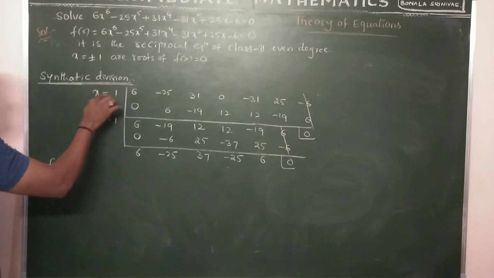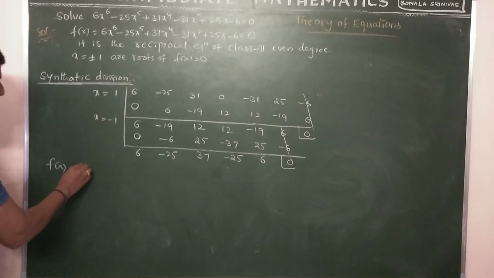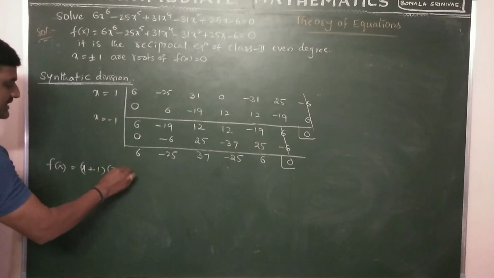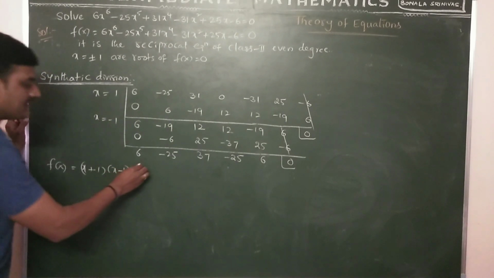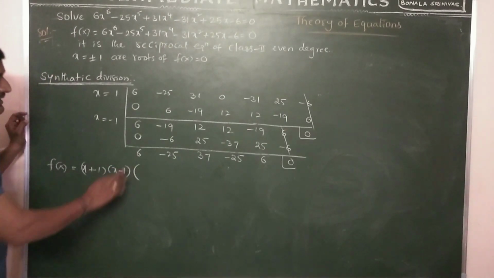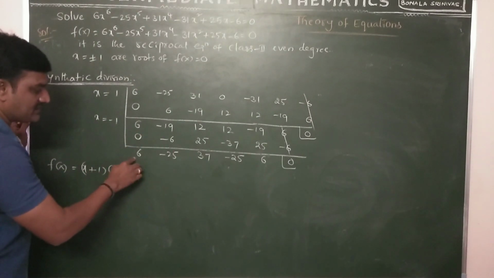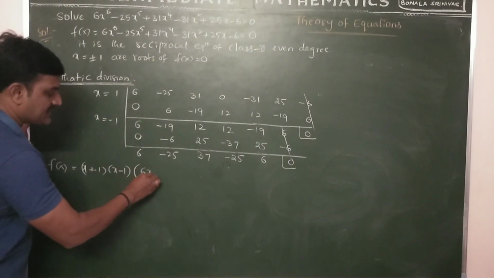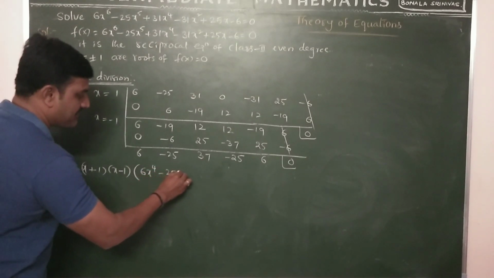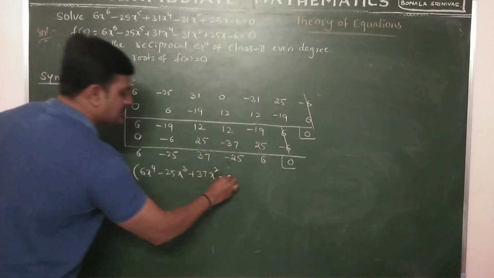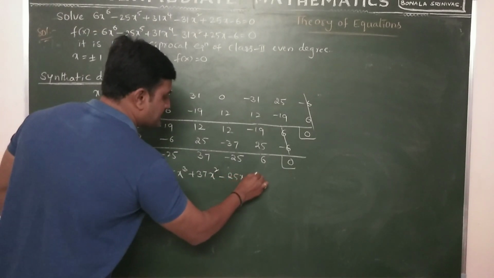Now f(x) should be written. Already we have x plus 1 and x minus 1 as factors. Then the remaining is degree 4, so 4 roots. That's why we can write 6x power 4 minus 25x cube plus 37x square minus 25x plus 6.